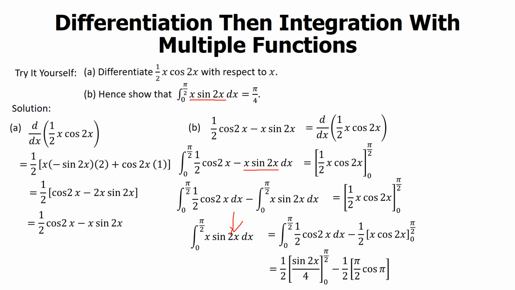So we can integrate half cosine 2x dx, we get sine 2x over 4 from 0 to pi over 2. We times it by half here because of this. Then minus, we can solve this part. Substitute x equals pi over 2, we get pi over 2 cosine pi.